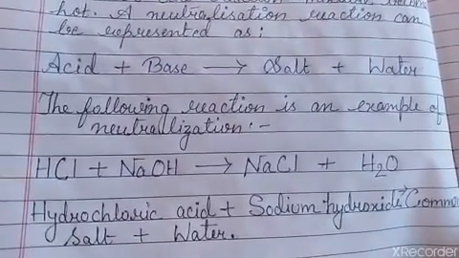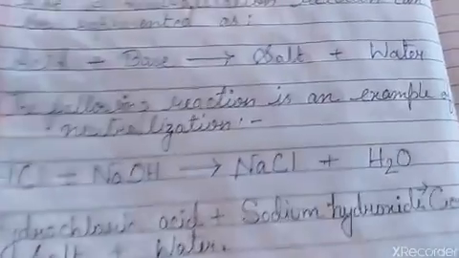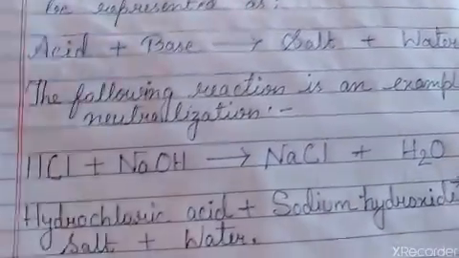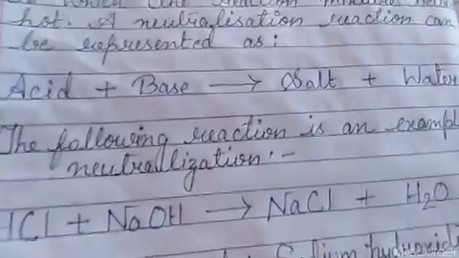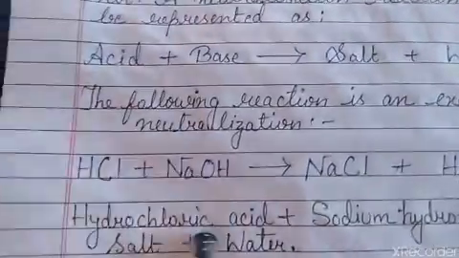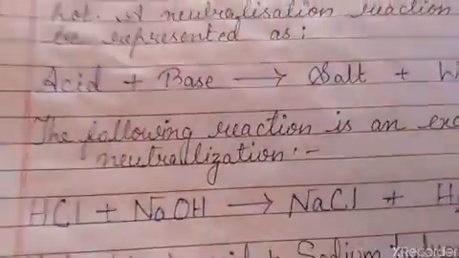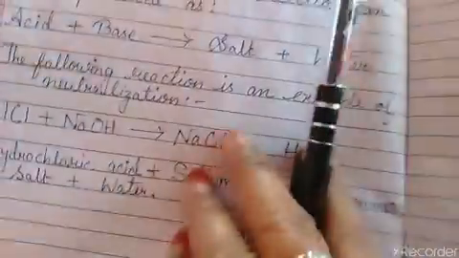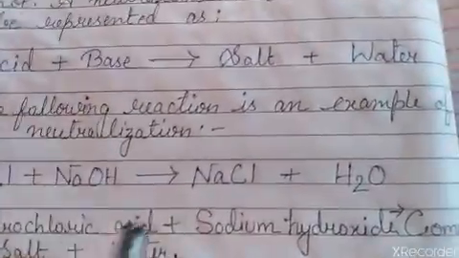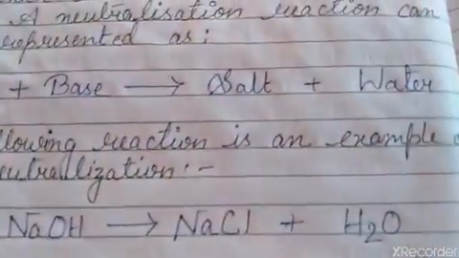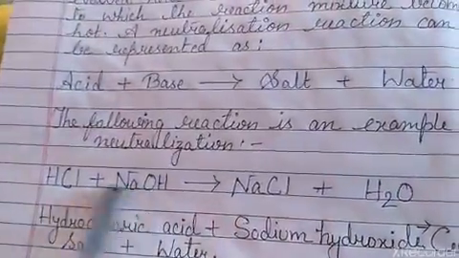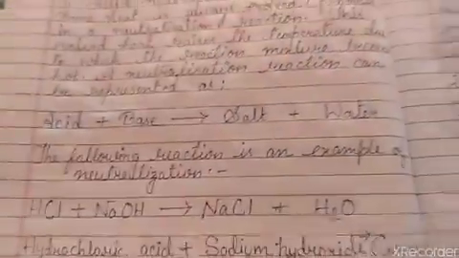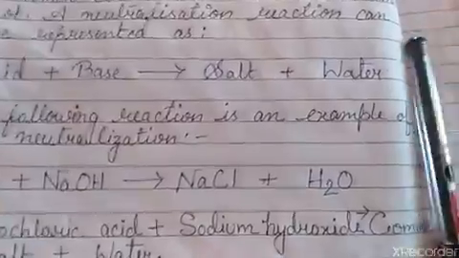The following reaction is an example of neutralization: acid HCl plus base NaOH. What are we getting from this? NaCl plus H2O. You can understand from this reaction.